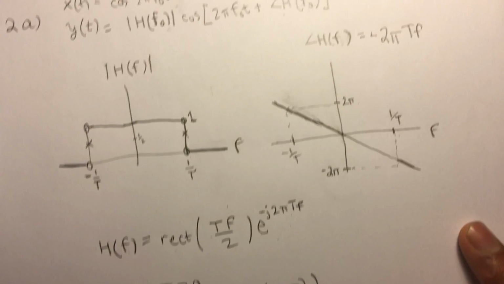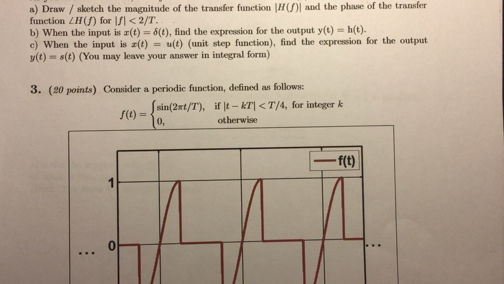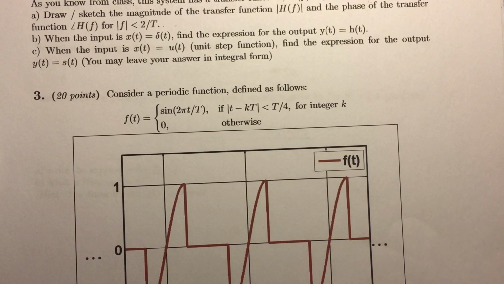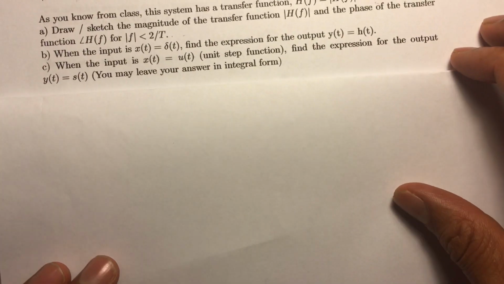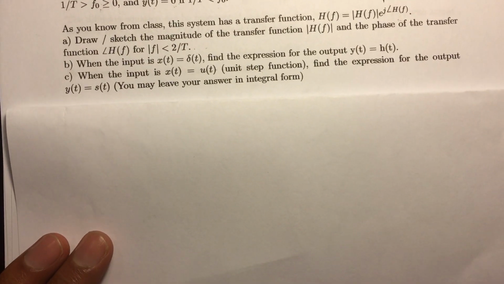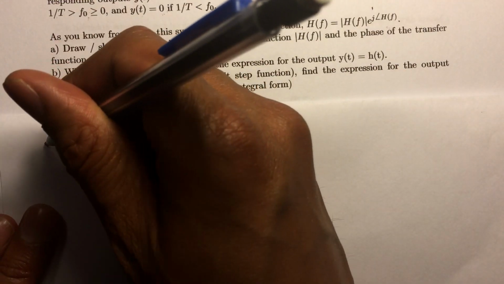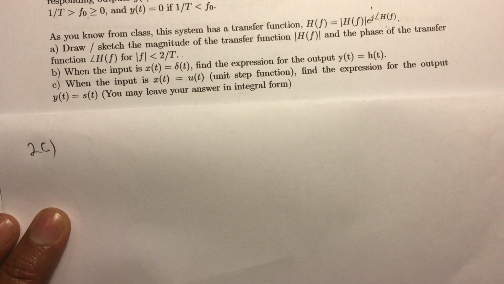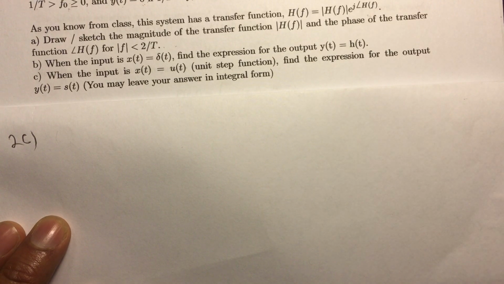Okay, last question. When the input is a unit step function, find the expression for the output. So this is a convolution problem, but it does say we can leave it in integral form. The easiest way to do this is, we can obviously flip or shift whichever term in the convolution we'd like.